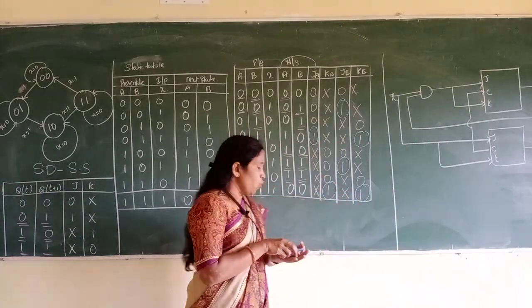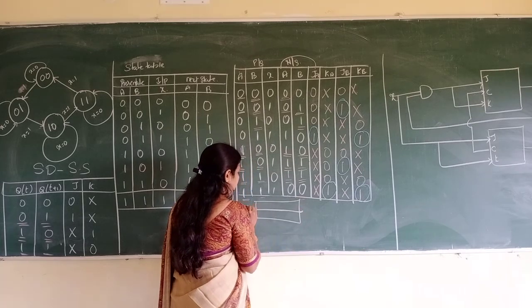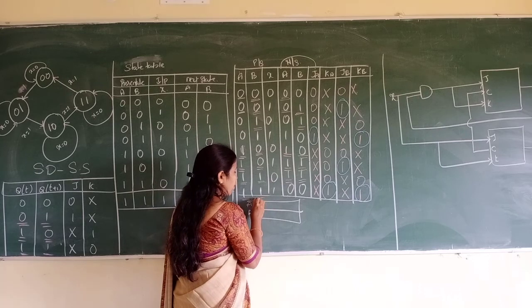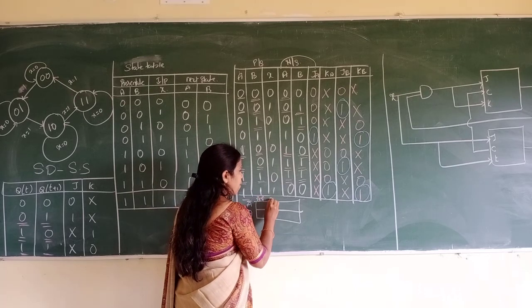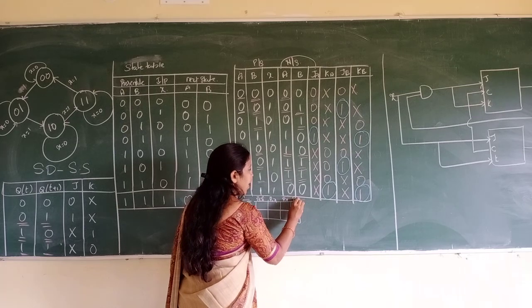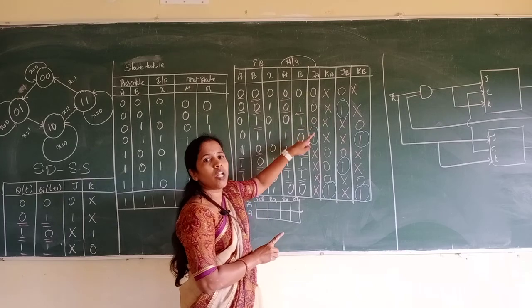The inputs are A bar, A, B bar, B, X bar, X. For the first column, the JA column, what am I taking?